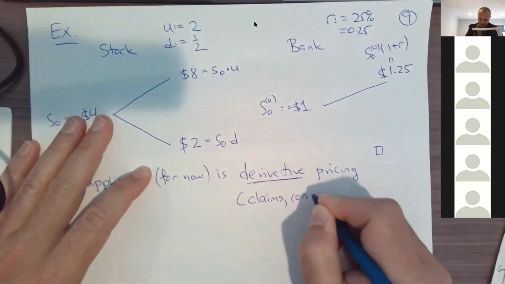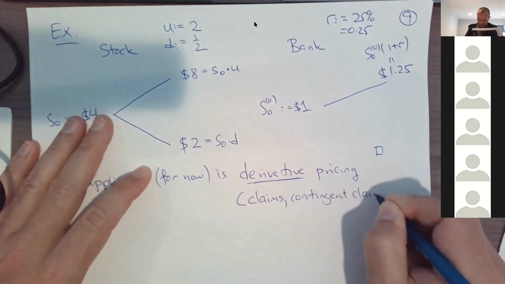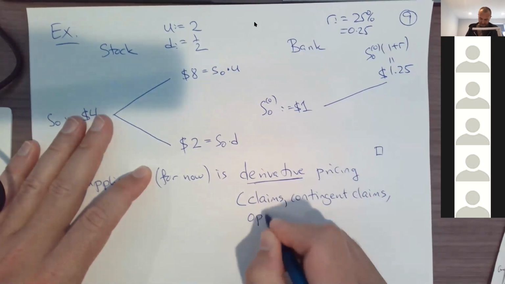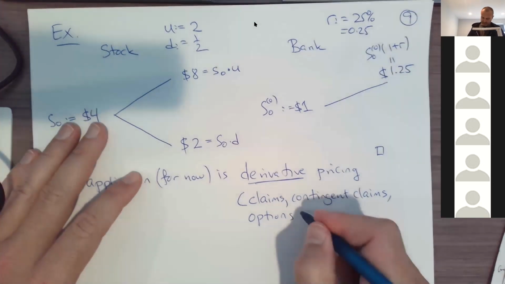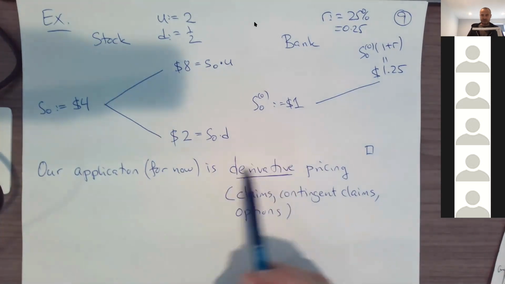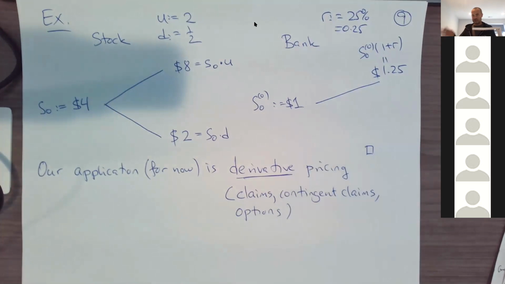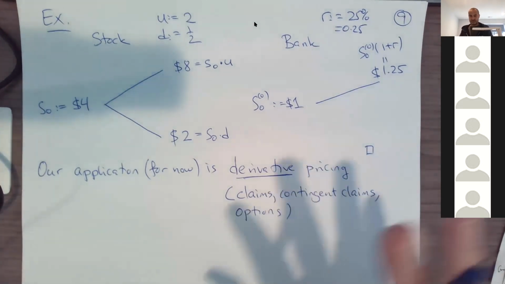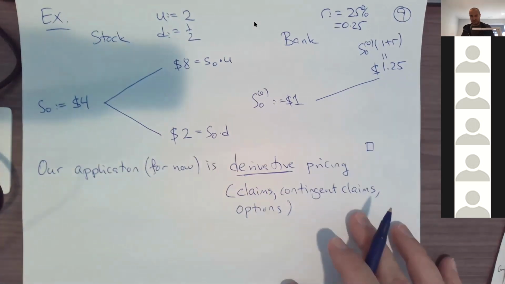They'll be called contingent claims. Some people also just call them options. There are probably more words you can put in here. Derivative pricing. So this is not a derivative like in calculus, where you compute the derivative of f, f prime. That's not that. This is also called a derivative, but it's not a derivative of a function.